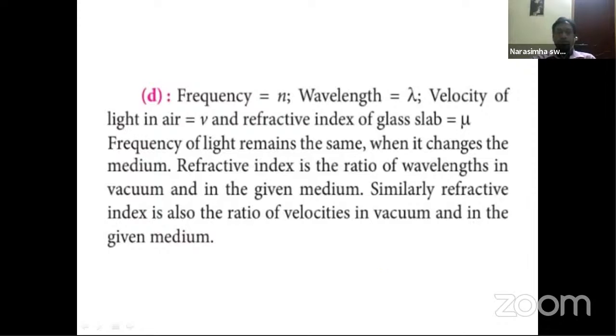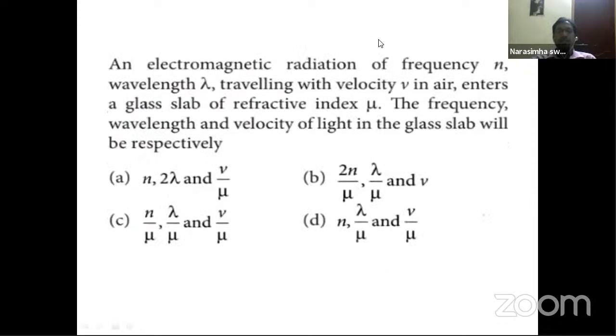So the options are similar like this. There is no question of 2 lambda; maybe lambda decreases while it is refracting, but here it is doubled, so this option is wrong. And in the second option the velocity remains the same, although the velocity changes while entering the slab, so this option is also wrong.